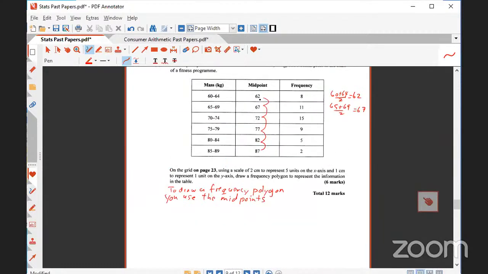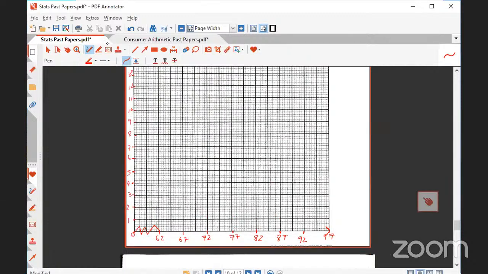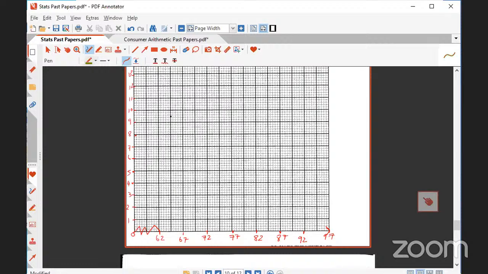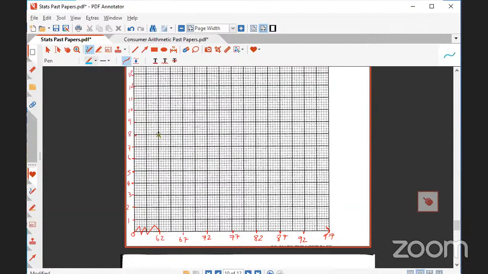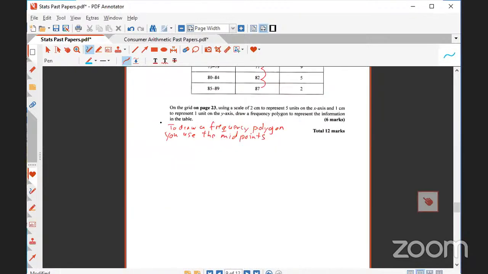So let's go here. The first one here, the frequency is 8. So 62, 8. Let's change our color. Find 8. Need something bright. 67, that's 11.